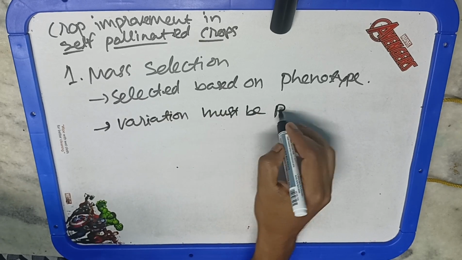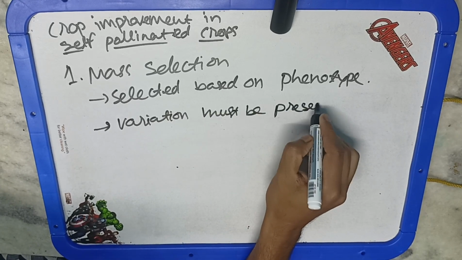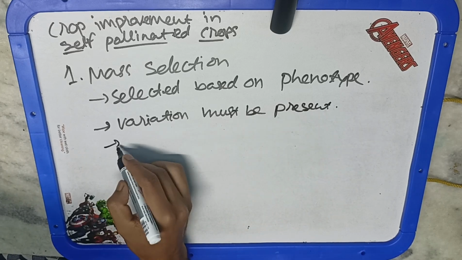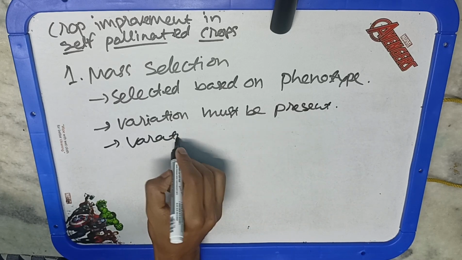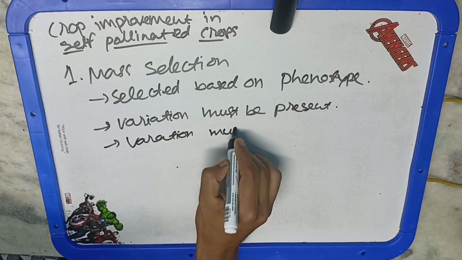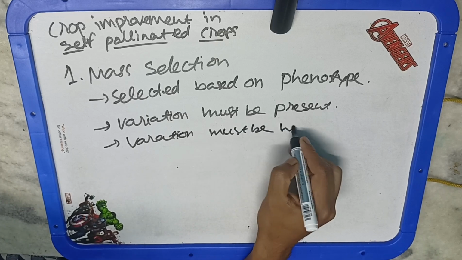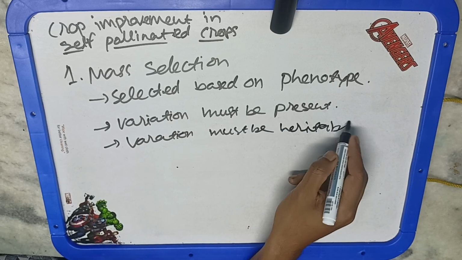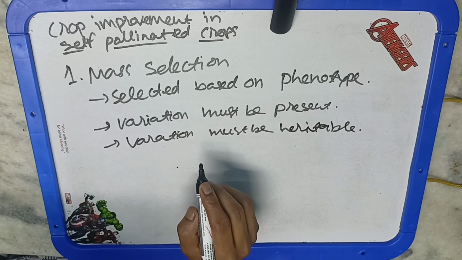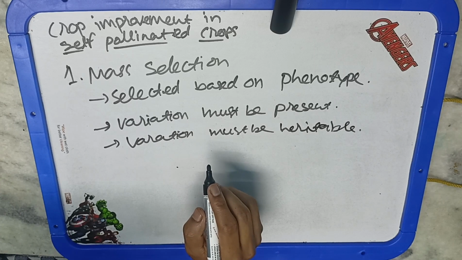Phenotypic means the physical appearance, because we can't check the genome of each and every plant. So individual plants are selected on the basis of phenotype from a mixed population. Mixed population means every type of individual, or we can say the segregating population also, every type of individual is present. These seeds are bulked and used to grow in the next generation.